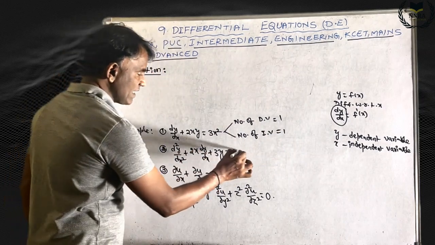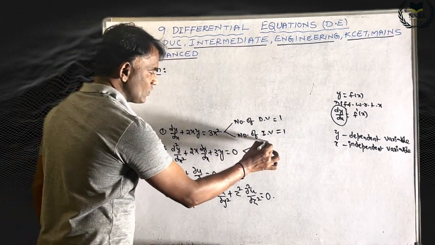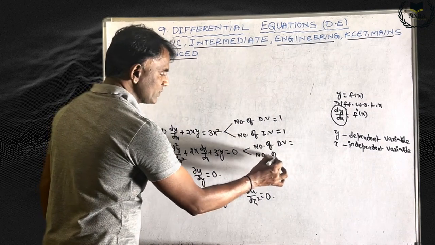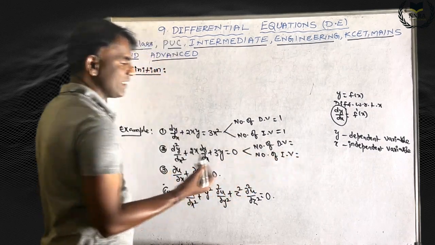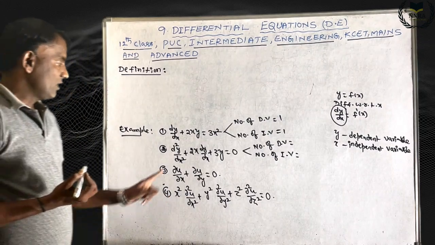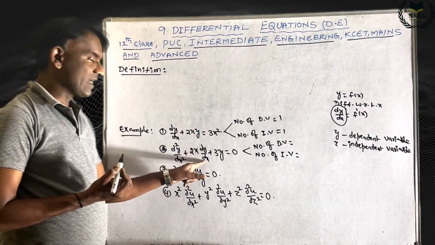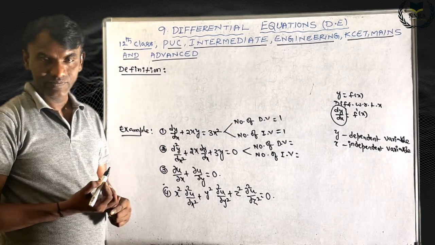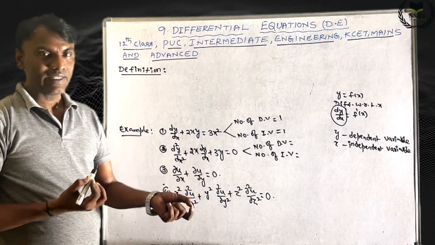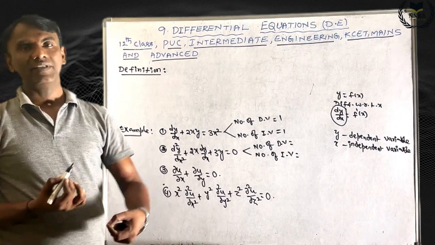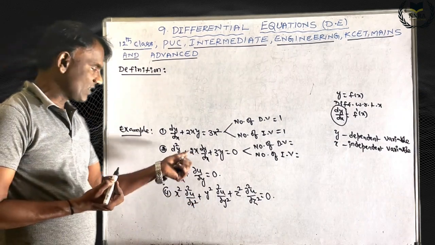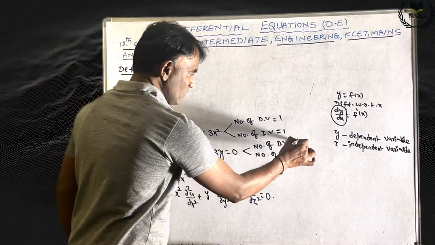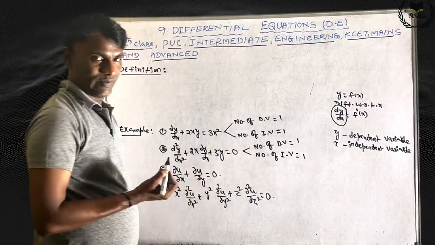Similarly, in the second example, there are two derivatives, one is dy by dx and another is d square y by dx square. If we differentiate dy by dx again with respect to x, we get d square y by dx square, means we are differentiating y with respect to x only. So here also one dependent variable, one independent variable.